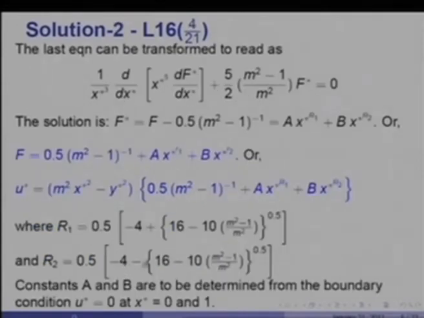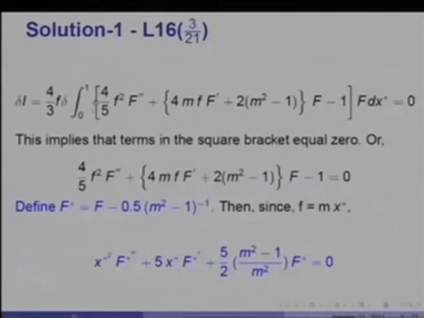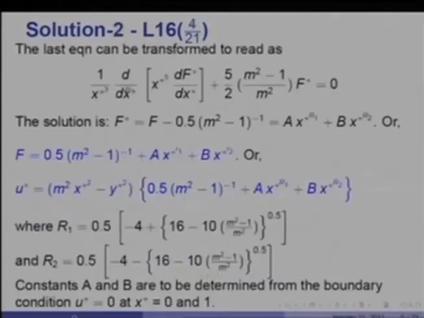Remember, this equation can be cast in this form, 1 over x star cube d by dx star x star 5 over d by dx star into this 5 by 2 function of m and f star equal to 0.